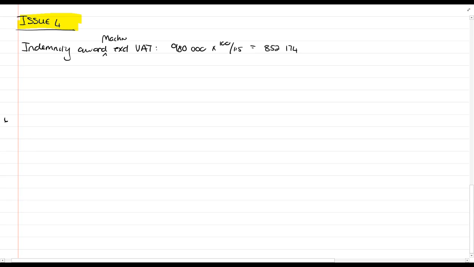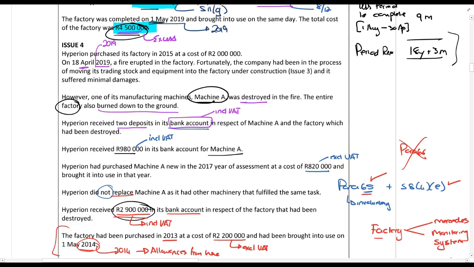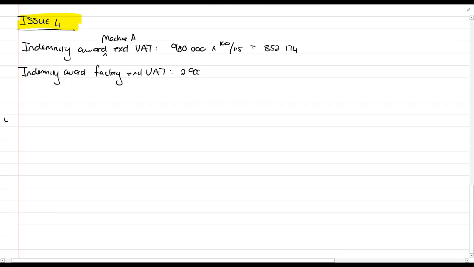Indemnity award for machine A. Indemnity award for the factory, excluding VAT. We received how much for the factory? 2.9 million rands. Okay, so I just like to do that so that I have these amounts available, the excluding VAT amounts.